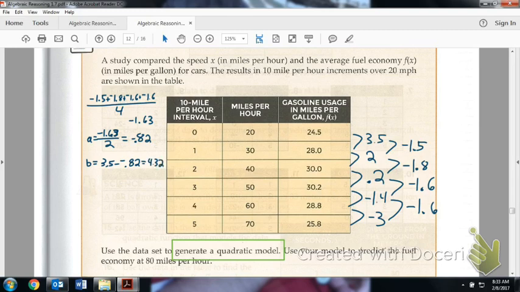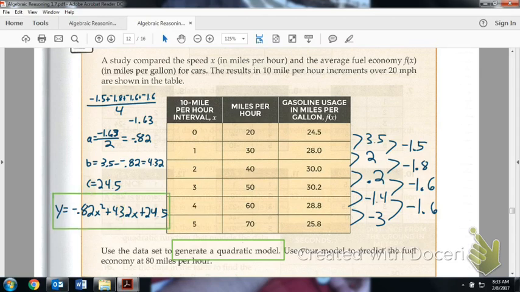And C is your starting point, where X is 0, Y is 24.5. So Y equals negative 0.82 X squared plus 4.32X plus 24.5. All right, there's your equation.